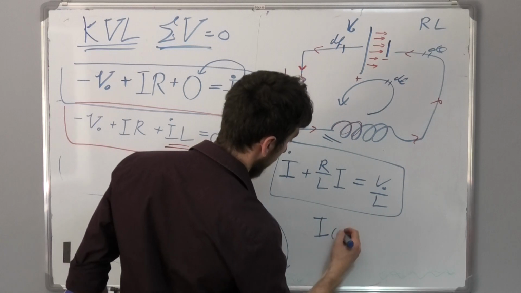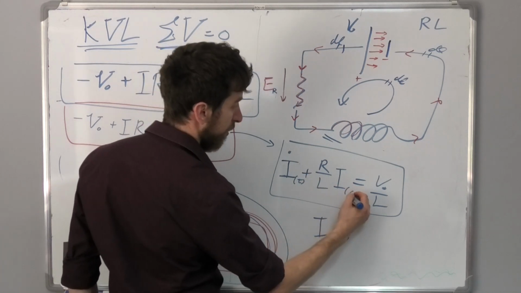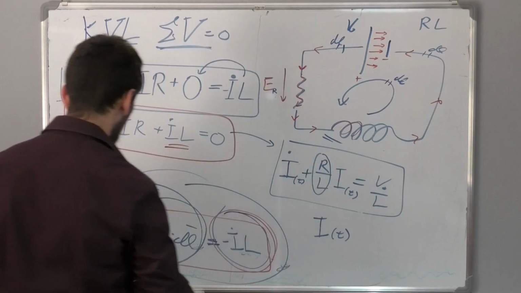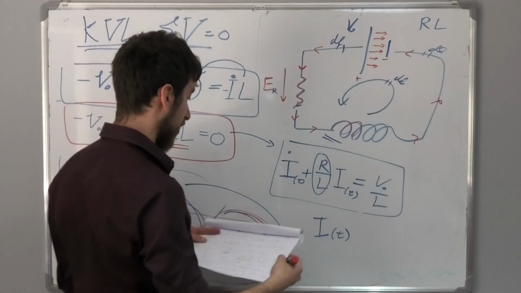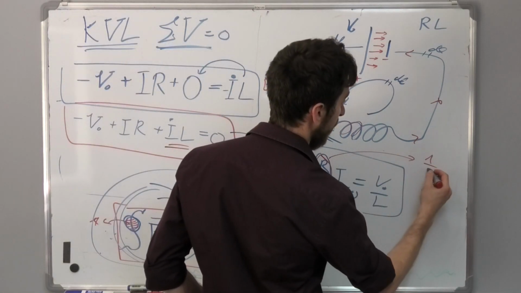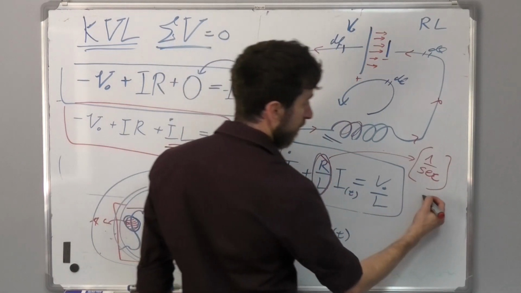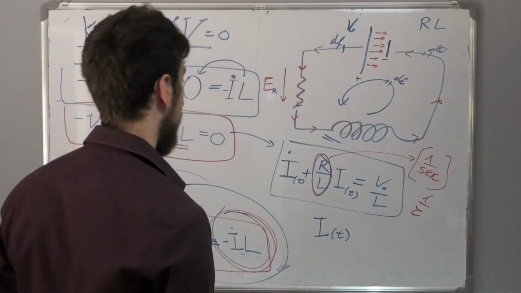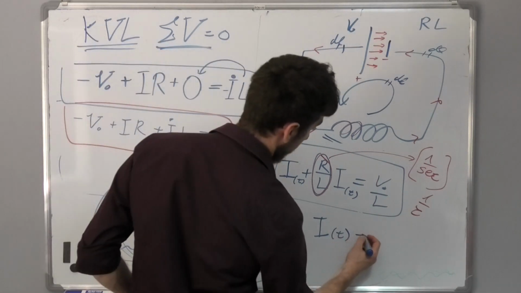I as a function of time. Maybe you need to check the units, but you're going to find out that this R over L has units of 1 over time, 1 over second. And for that reason we are calling it 1 over tau. Tau sounds like t, right? Tau.